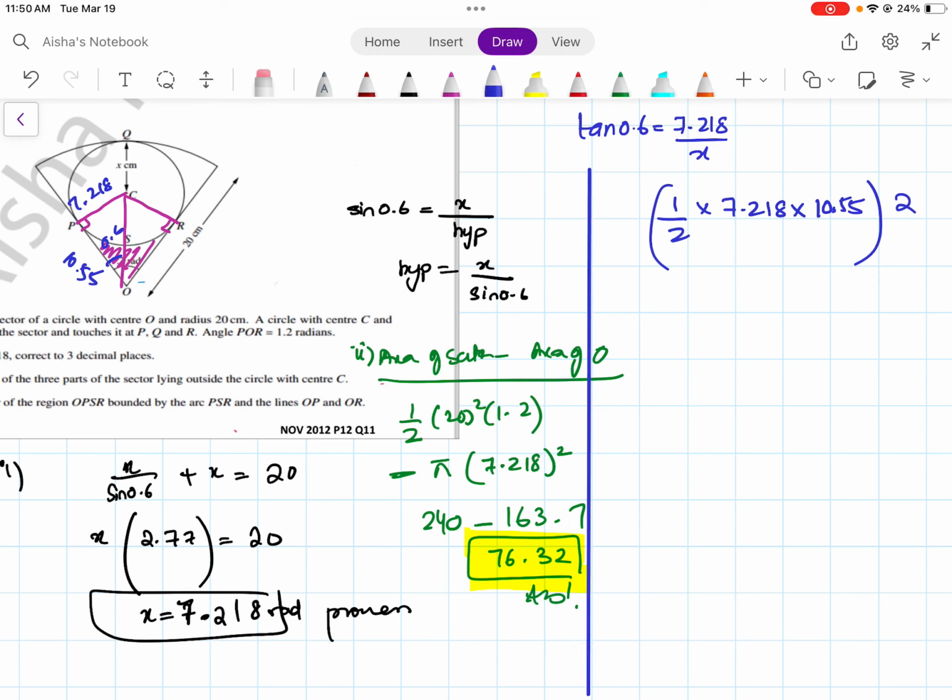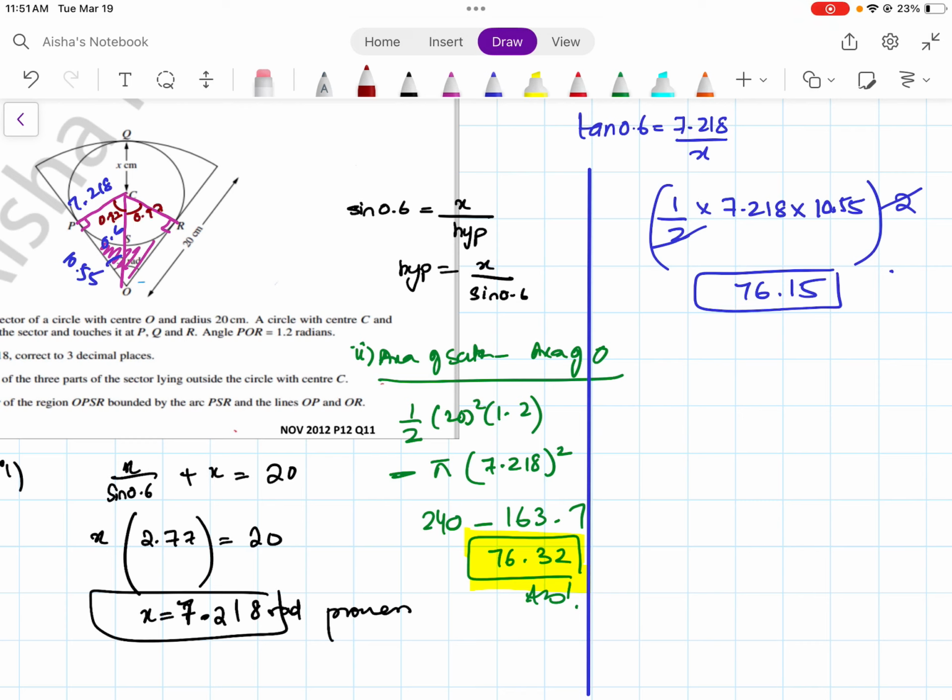Making a line so that there's a partition. 76.15. Now let's find out the area of this sector. How do we find out the area of this sector? This is 0.6, so this is going to be pi minus 0.6, pi by 2 minus 0.6, this is 0.97.